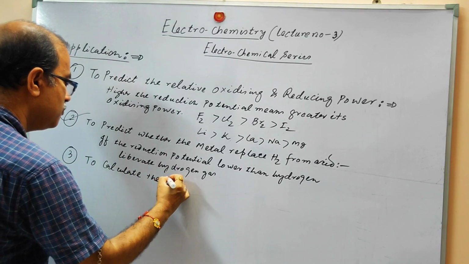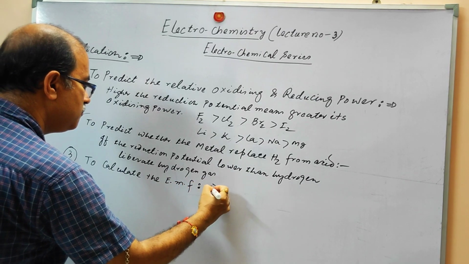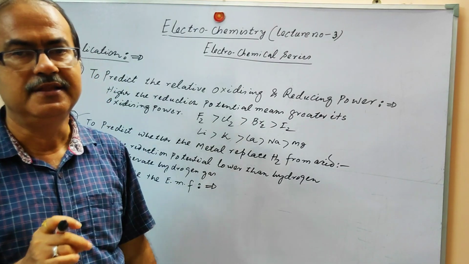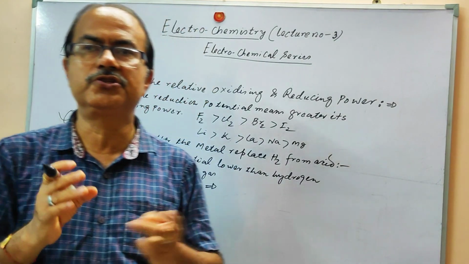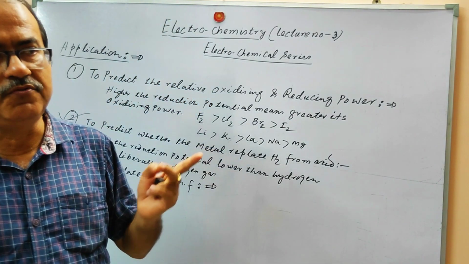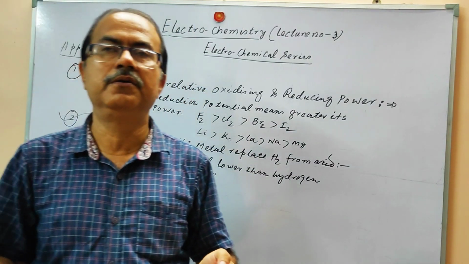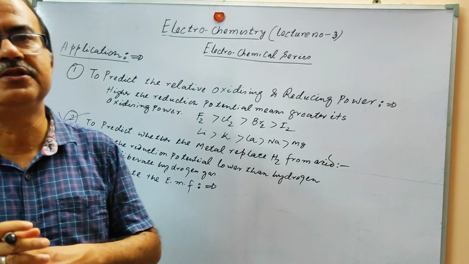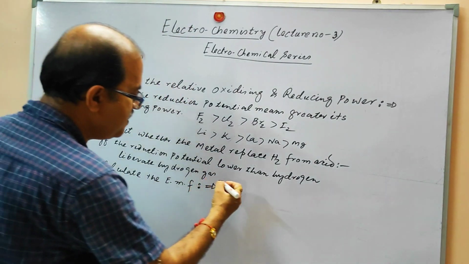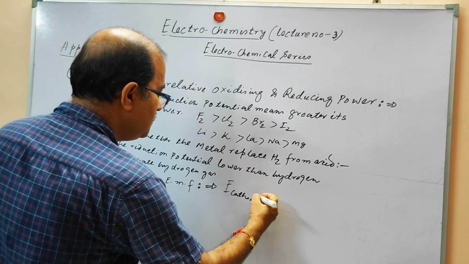Third thing, that is to calculate the EMF, electromotive force, from the electrode potential that we have discussed in detail in the previous lecture. We have to take the oxidation potential plus the reduction potential, and as IUPAC convention says that all the potentials will be expressed as reduction potentials, the EMF is basically E cathode minus E anode.